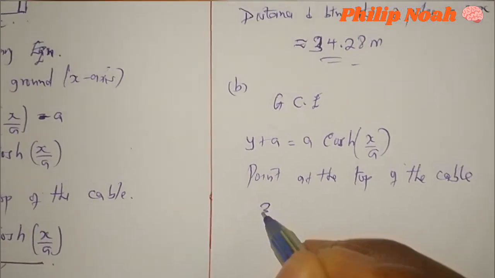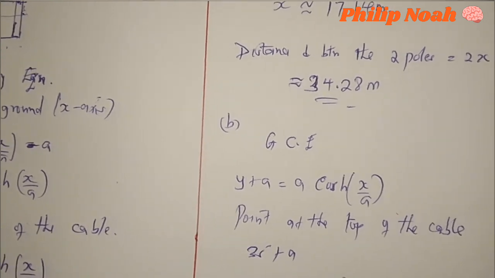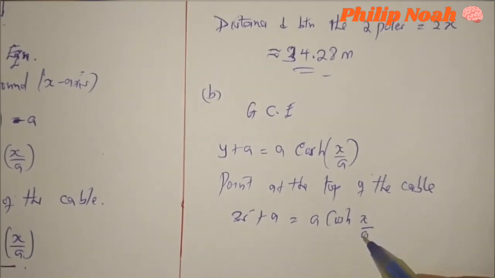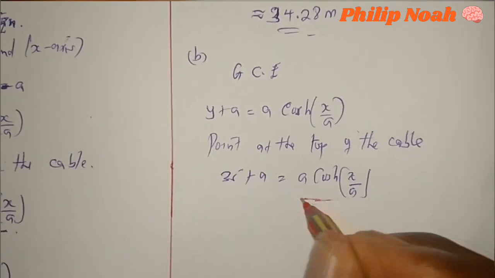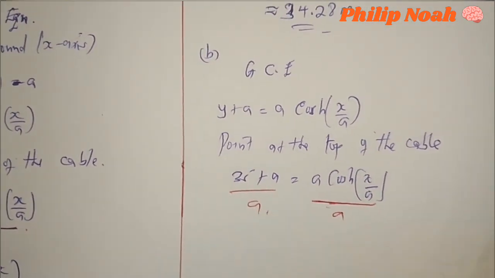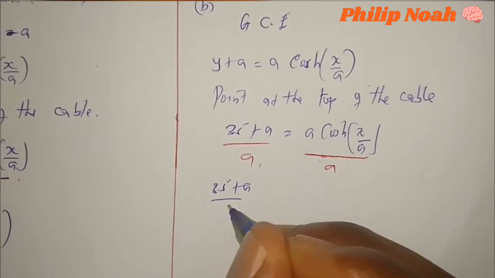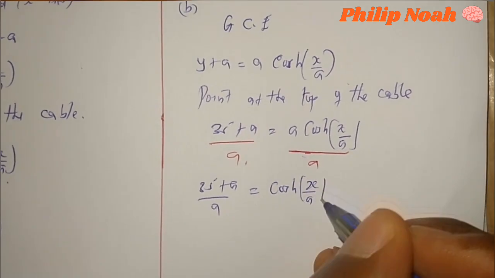So that is 35 plus A is equal to A cosh X over A. We divide all through by A. Now we have 35 plus A over A is equal to cosh X over A.